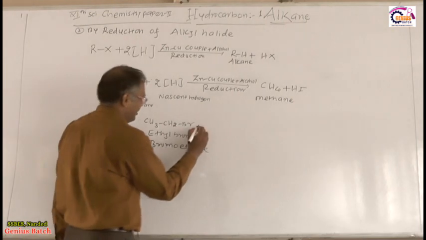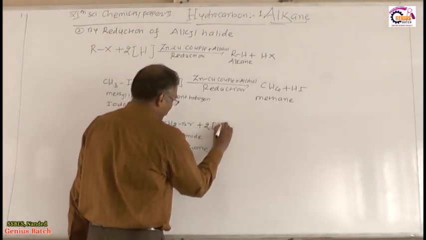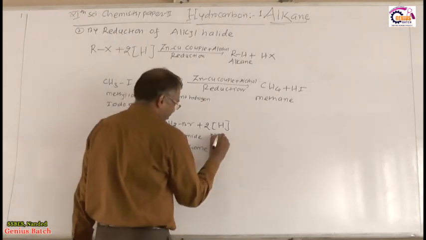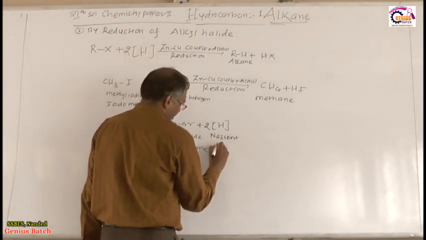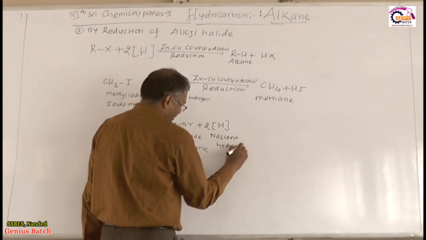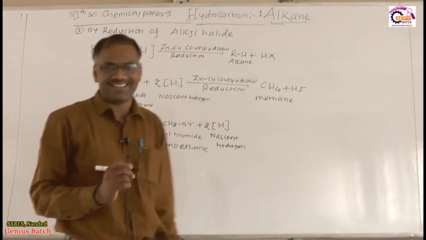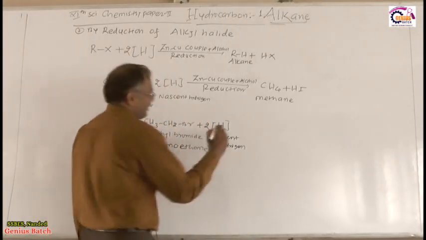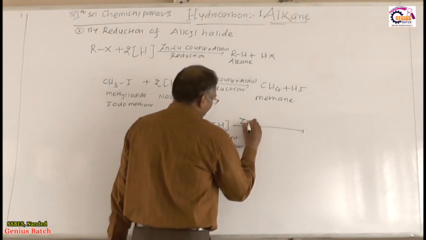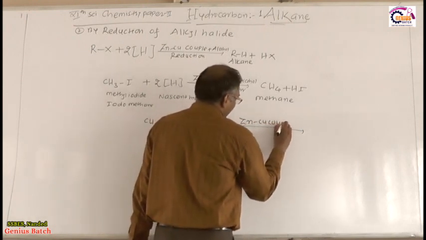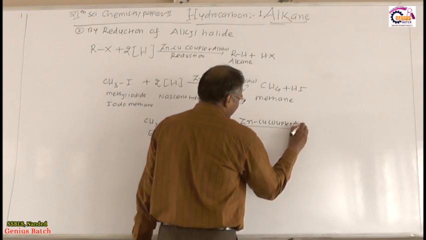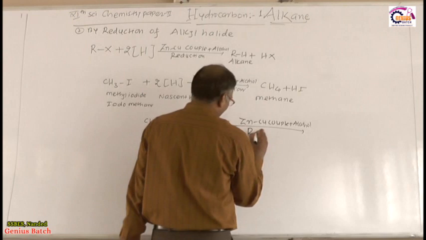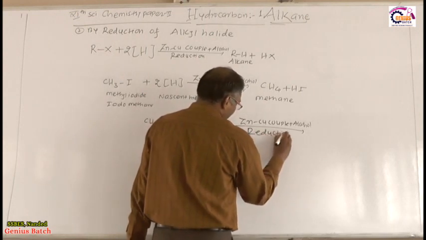Therefore, bromoethane. When this bromoethane is reduced by using nascent hydrogen, that is, hydrogen in the form of atoms, not in the form of molecules, also called newly born hydrogen, in the presence of zinc copper couple plus alcohol, generally ethyl alcohol, the process is reduction.